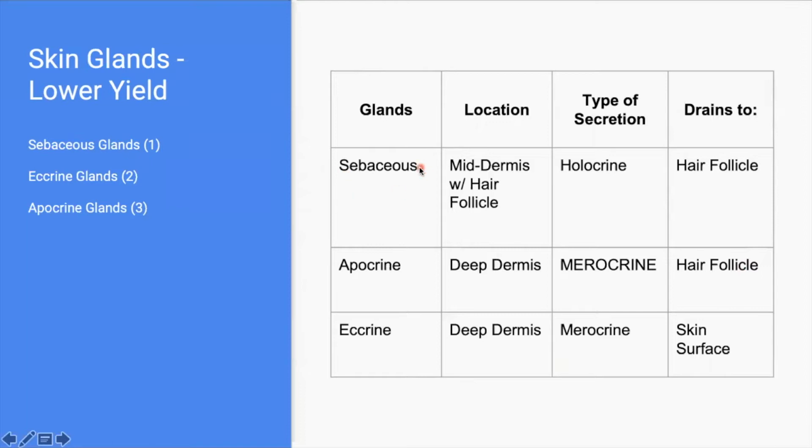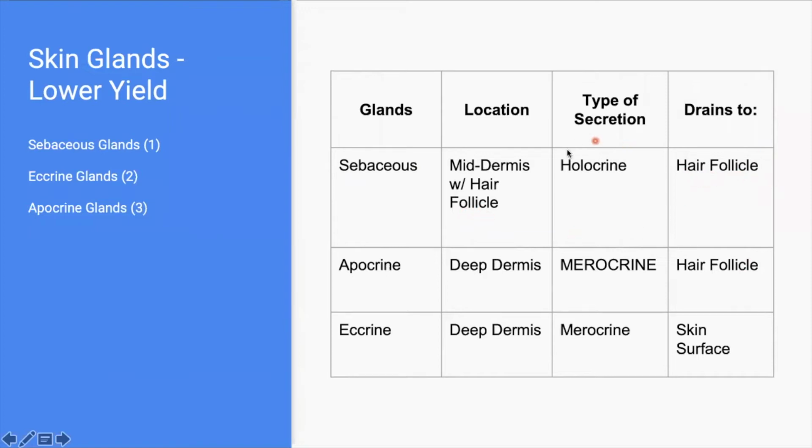Sebaceous glands are going to be located directly next to a hair follicle, and the contents of the sebaceous gland are going to be deposited onto that hair follicle as well. So close in proximity, and it drains directly to the hair follicle.